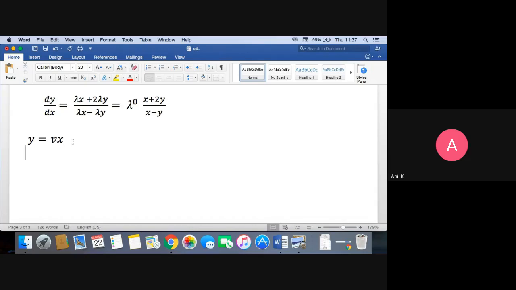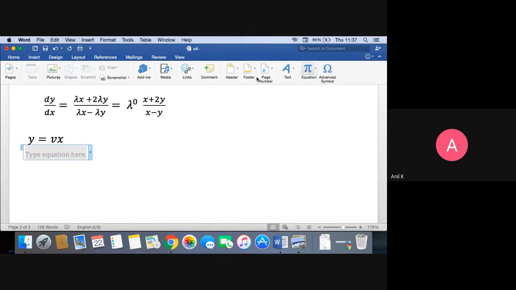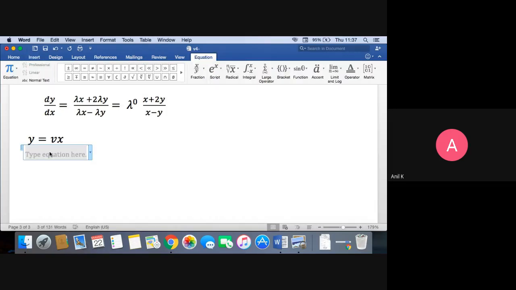Now, before I do that substitution y equals to vx, let me differentiate this function y equals to vx with respect to x. So I'll get dy by dx is equals to, here v and x, there are two terms, I have to apply the uv formula. v into derivative of x, that is 1, plus x into derivative of v, that is dv upon dx.